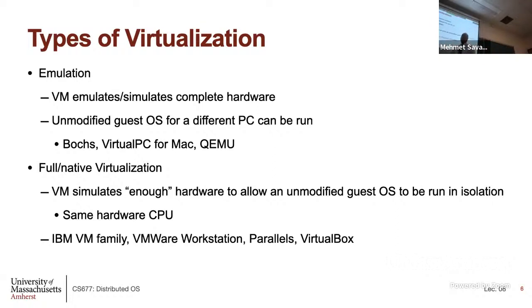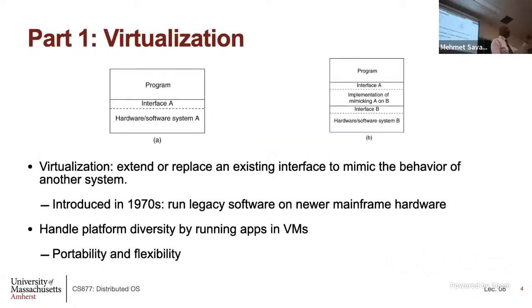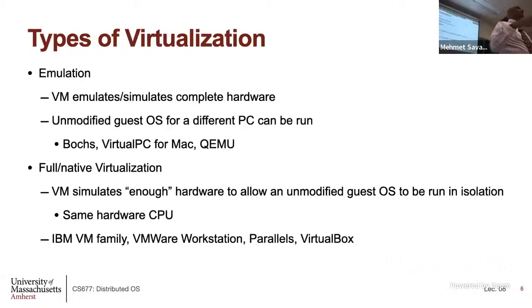Another one is called full or native virtualization. Remember I said you have interface A and interface B. Interface B is the actual hardware interface in this case, and interface A is some interface you're trying to emulate. If interface A and B are one and the same, meaning the interface you emulate is the same as the underlying interface, you have what is called full or native virtualization.